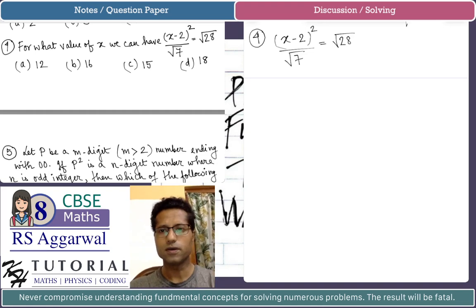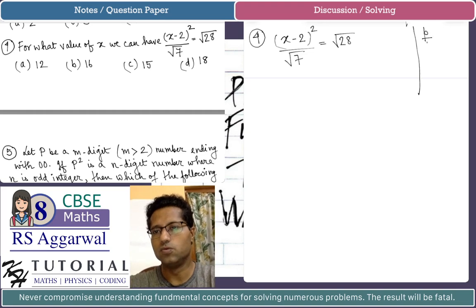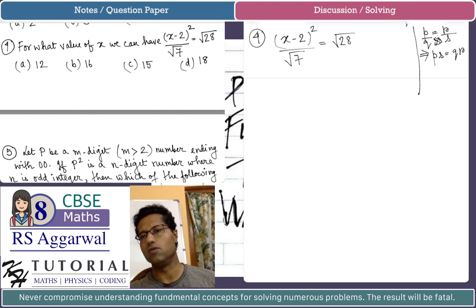Now we know that if p by q and r by s are two rational numbers, and it is given that p by q is equal to r by s, this will imply we can do cross products. The cross products will be equal, that is, p into s will be equal to q into r.